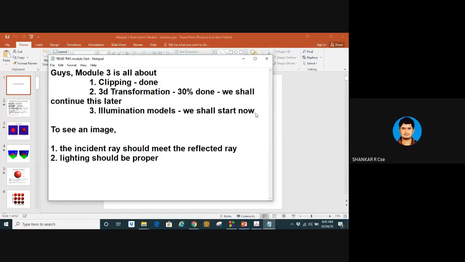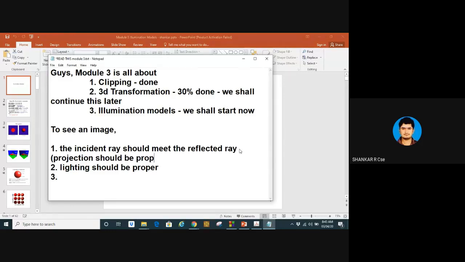Third one, you remember in my class I always used to ask why am I not seeing the blapper for that instance? The point is my incident rays would never meet the reflected rays, would never reach that place, and the first point itself fails. That's the reason I don't see those distant places. So to see any image, the rays should meet and the lighting should be proper. And of course, in other words, projection should be proper.